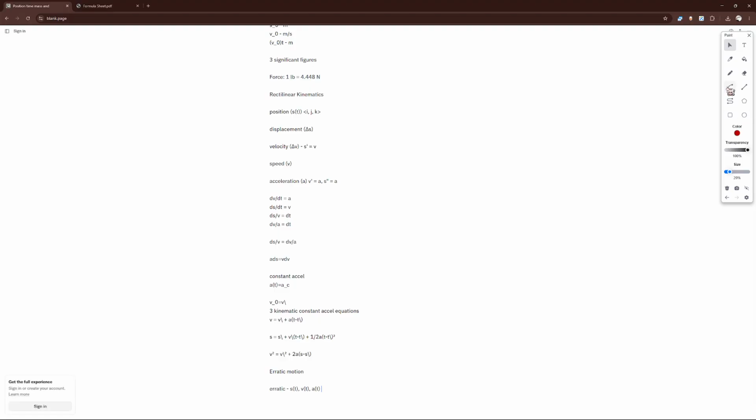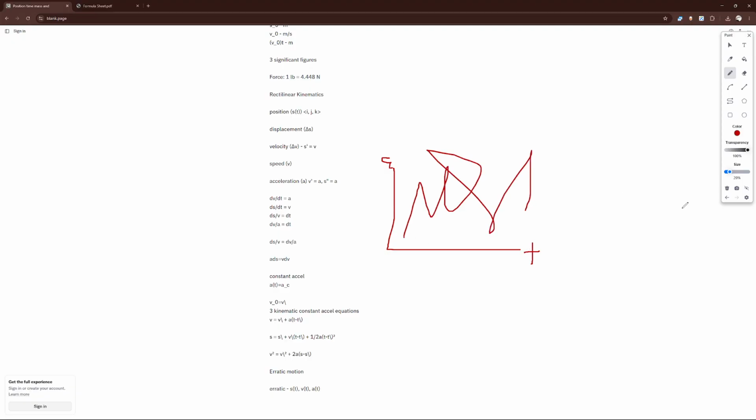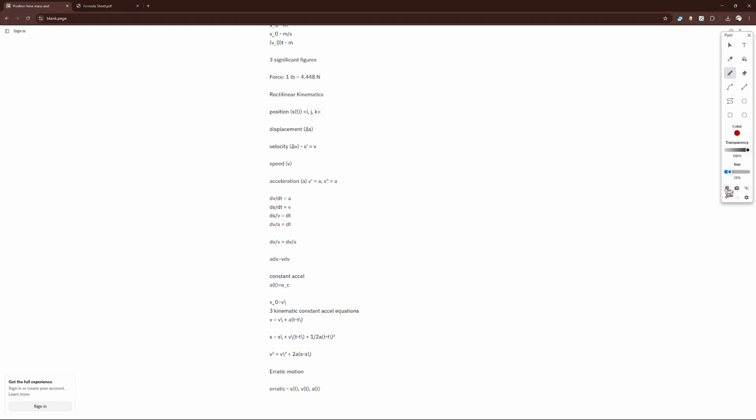So maybe you have this, a versus t, and this is your acceleration. That's not one function. Maybe some parametric function could make this, but we're not doing parametrics because no one wants to do that.